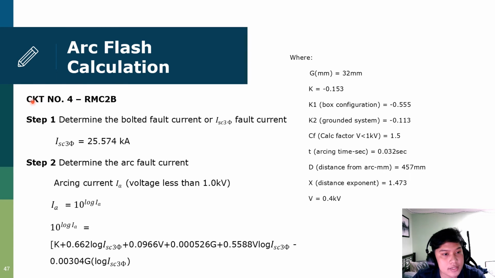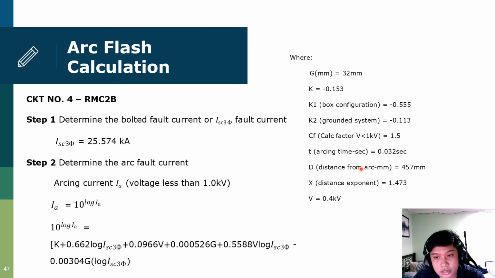Now let's move to the last branch circuit, which is number 4, RMC2B. In step 1, we determine the voltage fault current or short circuit fault current, which is 25.574 kiloampere. In step 2, we determine the arc fault current or the arcing current. This is the formula to be used.